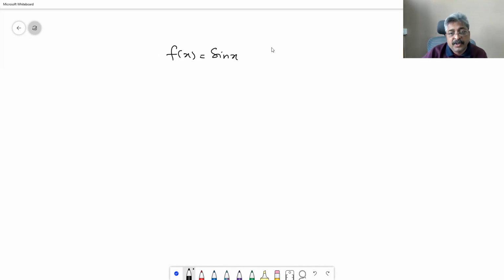Therefore we evaluated the series for sine x and wrote it down. We ended up getting x minus x cube upon 3 factorial plus x raised to 5 upon 5 factorial minus x raised to 7 upon 7 factorial and so on.